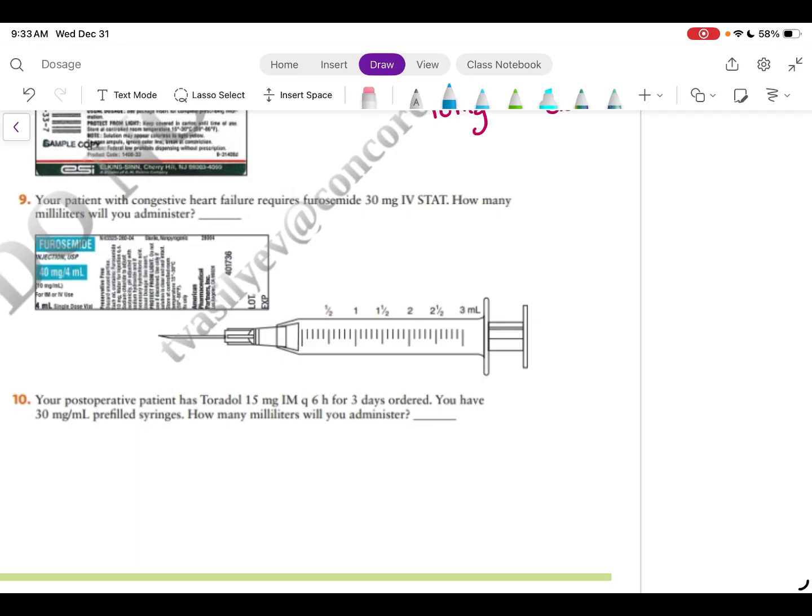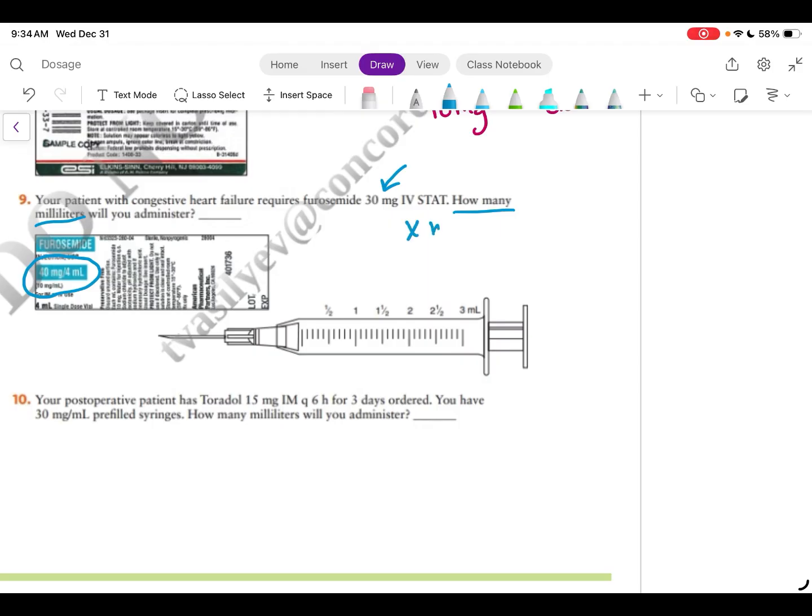All right. Number 9, so you need to give 30 milligrams of furosemide stat. How many milliliters are you going to give? Right here on the label are your dosages. Again, it gives you 2. So I'm going to work with the smaller one first, the one in parentheses.